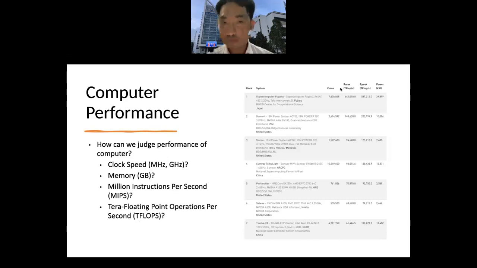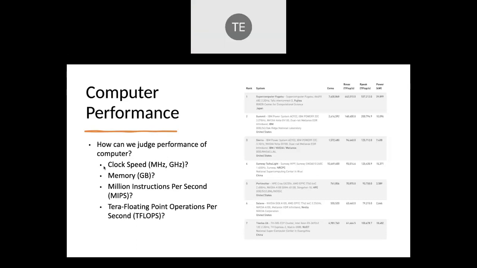What do you think? How can we measure the performance of the computer? Can we use any of these numbers? Yeah, by measuring how fast or the time it can compute, calculate, or execute.